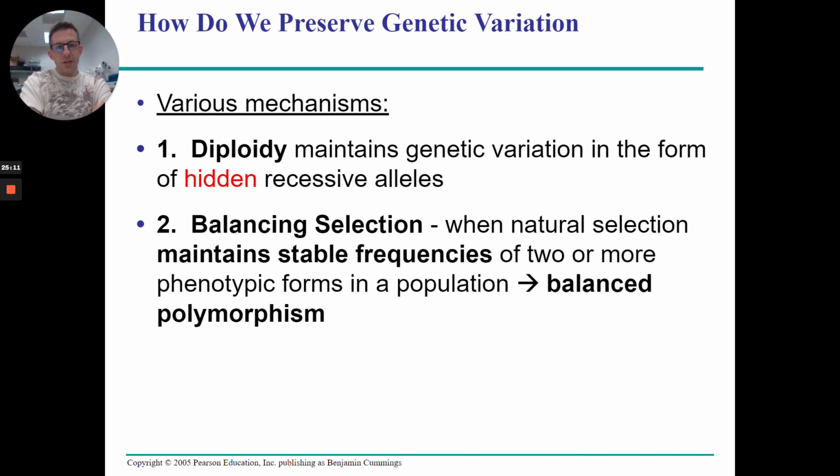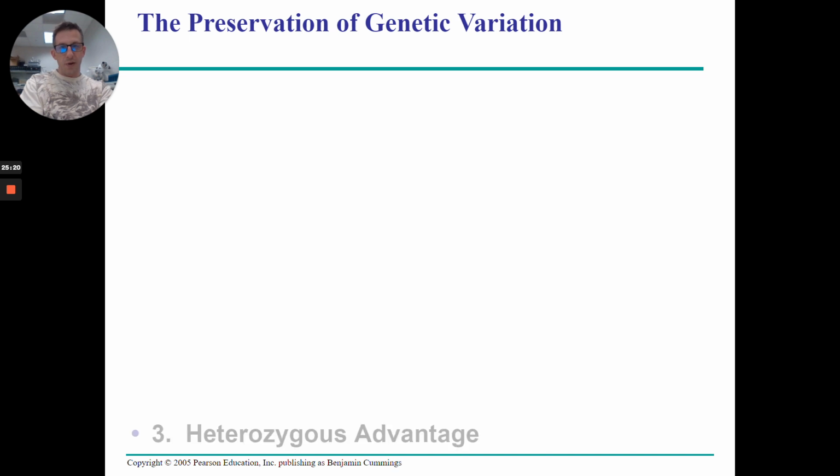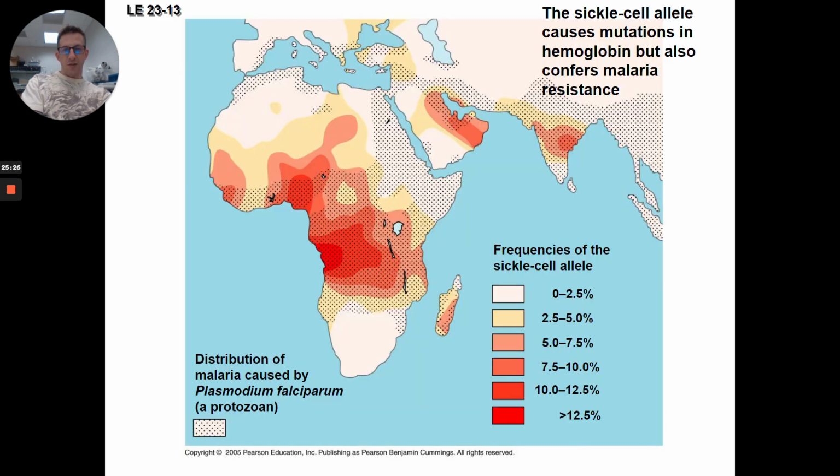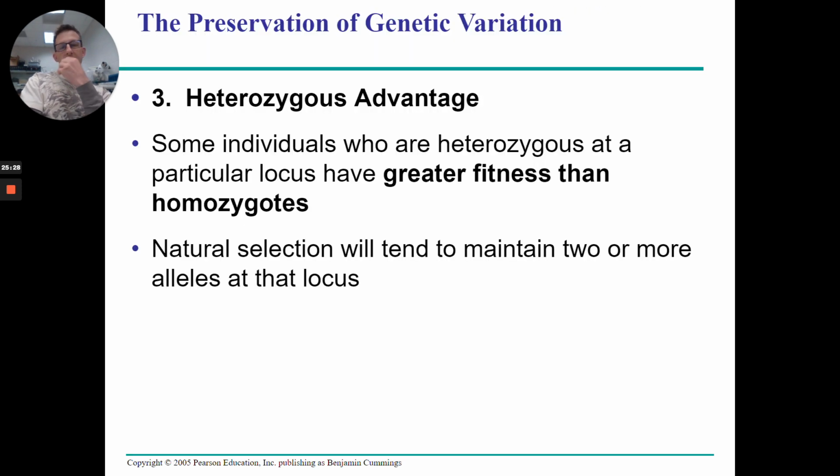Balancing selection provides a situation when natural selection maintains stable frequencies of two or more phenotypic forms in a population, like balanced polymorphisms. The one that I think is really, really interesting is heterozygous advantage, in which some individuals who are heterozygous at particular loci have greater fitness than homozygotes.